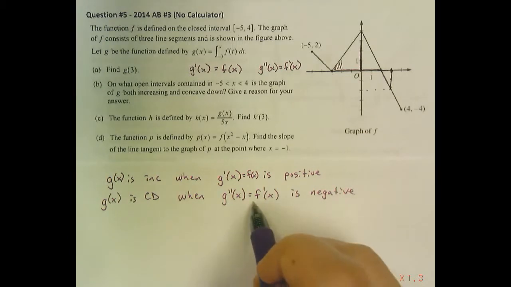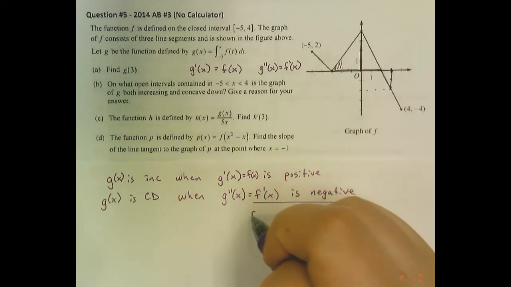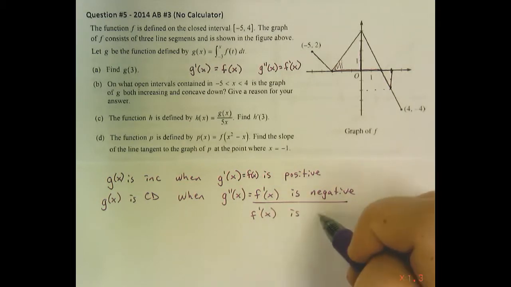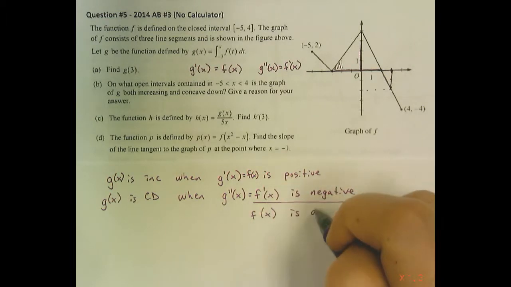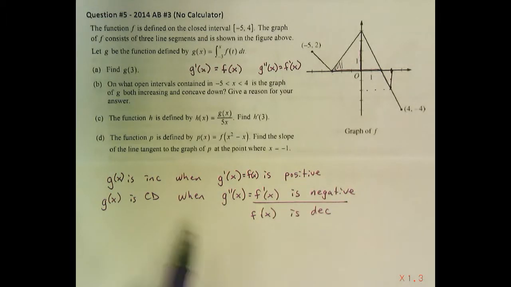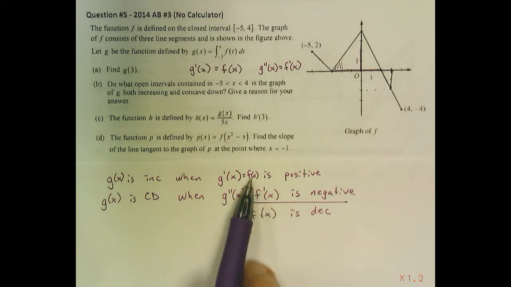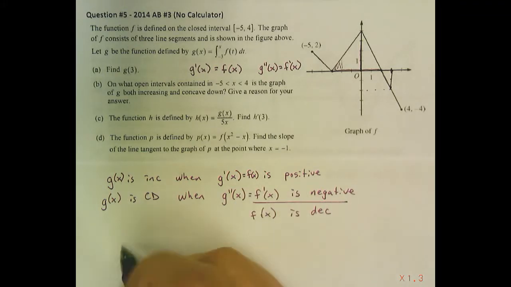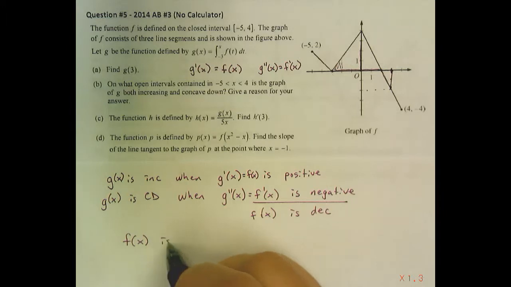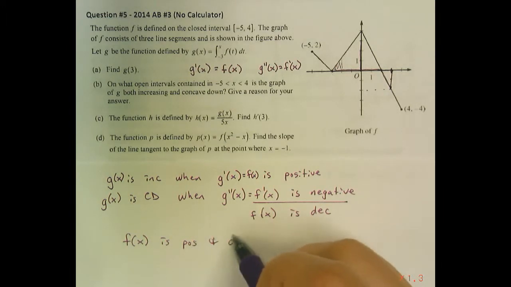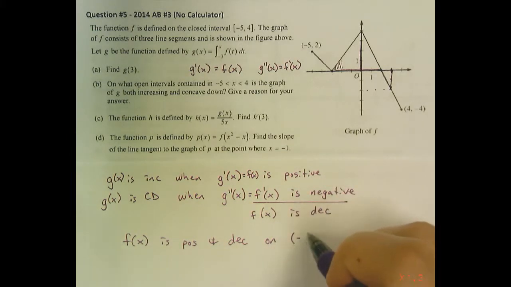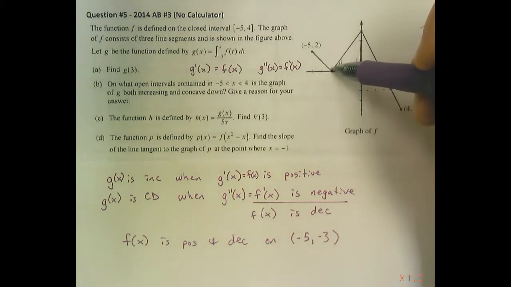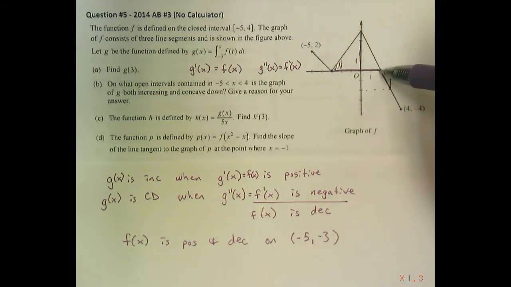Another way of saying f prime of x is negative would be saying f of x is decreasing. So we're going to be looking for a spot where f of x is positive and decreasing. So f of x is positive and decreasing on the intervals -5 to -3, positive and decreasing, as well as 0 to 2.